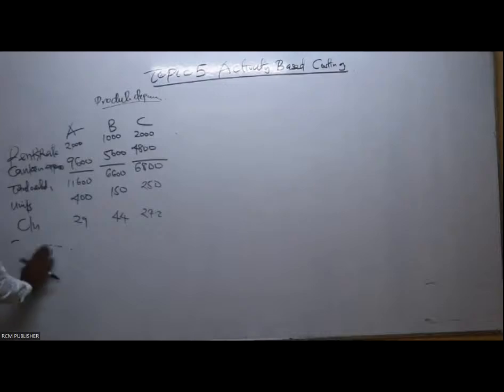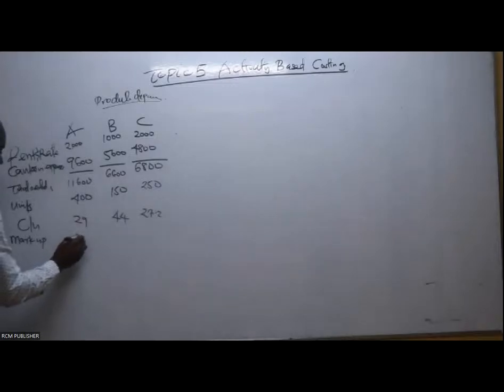So they tell you that after getting cost per unit, they want to introduce a margin to get the selling price. Let's call it markup. For department A, they are introducing markup of 30%.